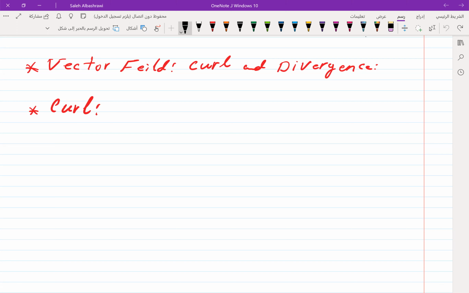So let's start with the curl, which measures the rotation of a fluid, or is just a feature for describing the fluid. For the curl of a vector field, let's start with the definition.